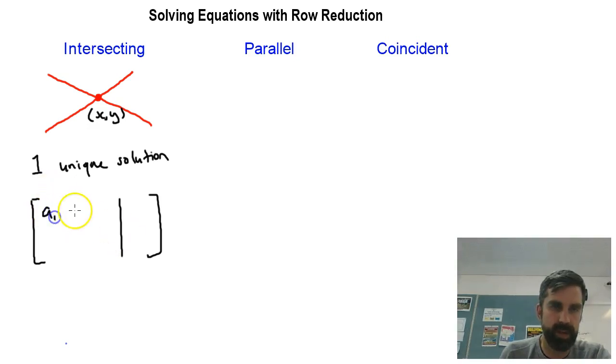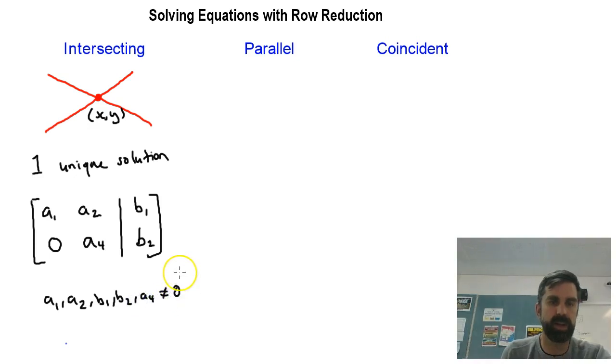You'll have some value A1, A2, B1, some other value here, which we'll call A4, and this will be B2, and you'll get a 0. All of those values don't equal 0. Of course, A1, B2, and A4 are not equal to 0. This is what you'll be able to reduce the matrix to.